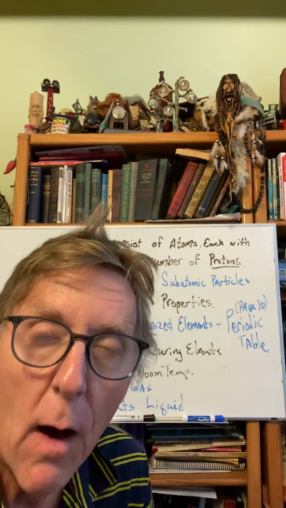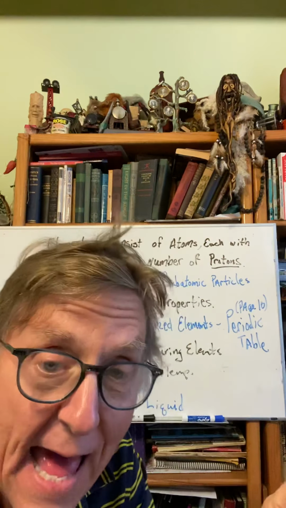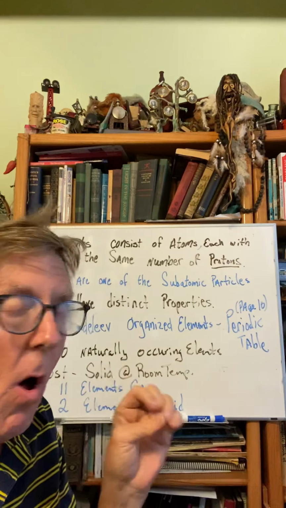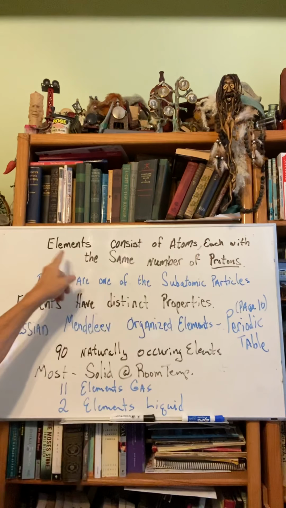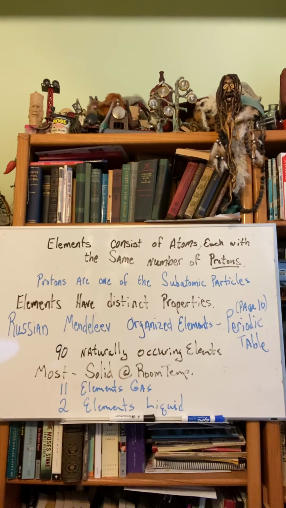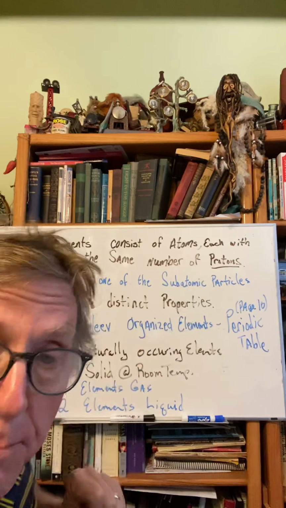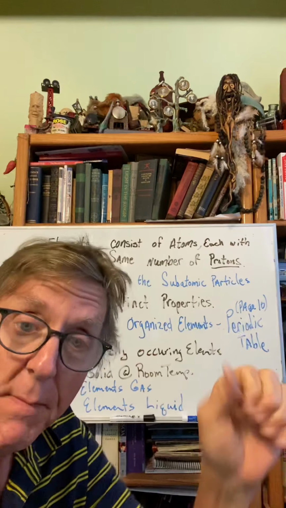But what I'm going to talk about now is that the number of protons in the center of every atom determines its identity. We said all matter is composed of atoms, and the atoms found in any given element are all going to have the same number of protons, because what determines the identity of an atom is the number of protons.